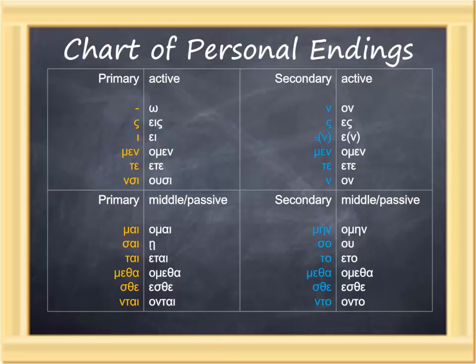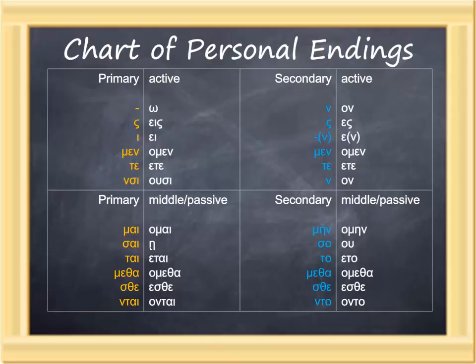Each set is divided into two subsets: active endings and middle passive endings. The active endings of the primary are nothing, sigma iota, men, te, nsi. The middle passive endings of the primary are mai, psi, tai, methus, the, ntai. Keeping these memorized is important for quick identification of Greek verbs.